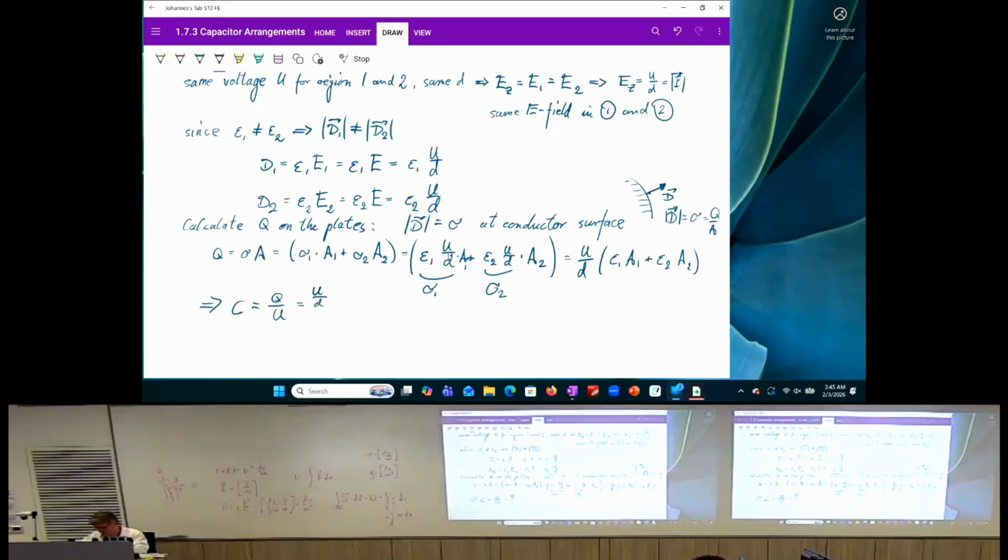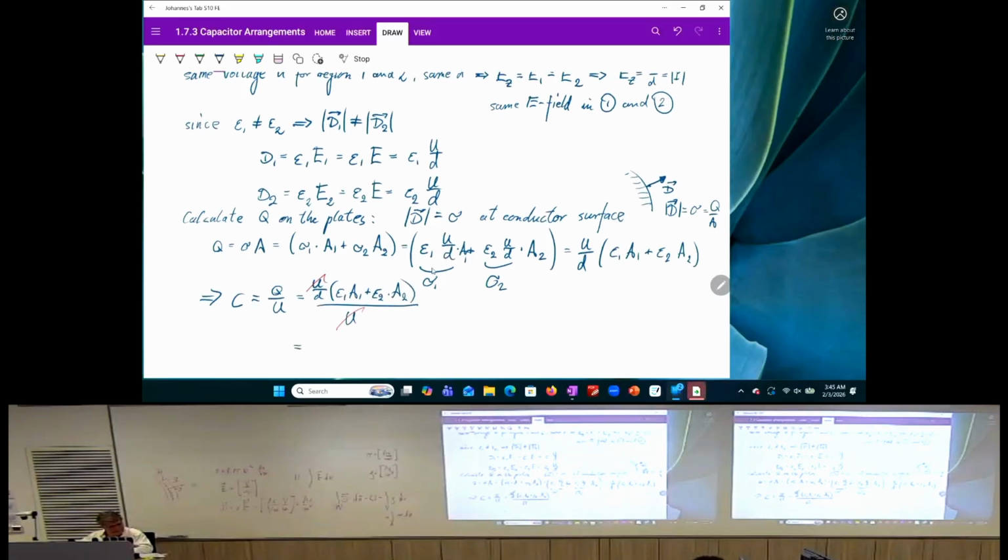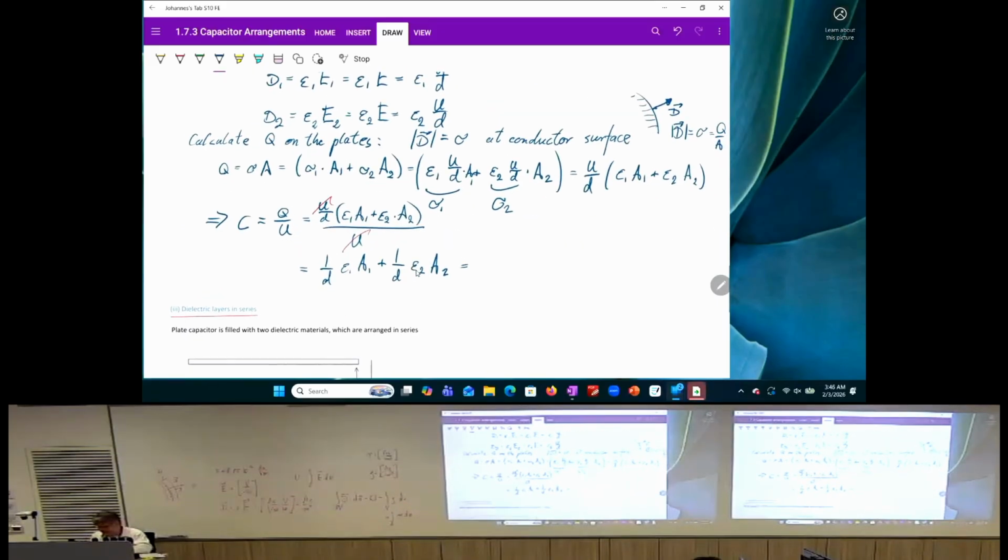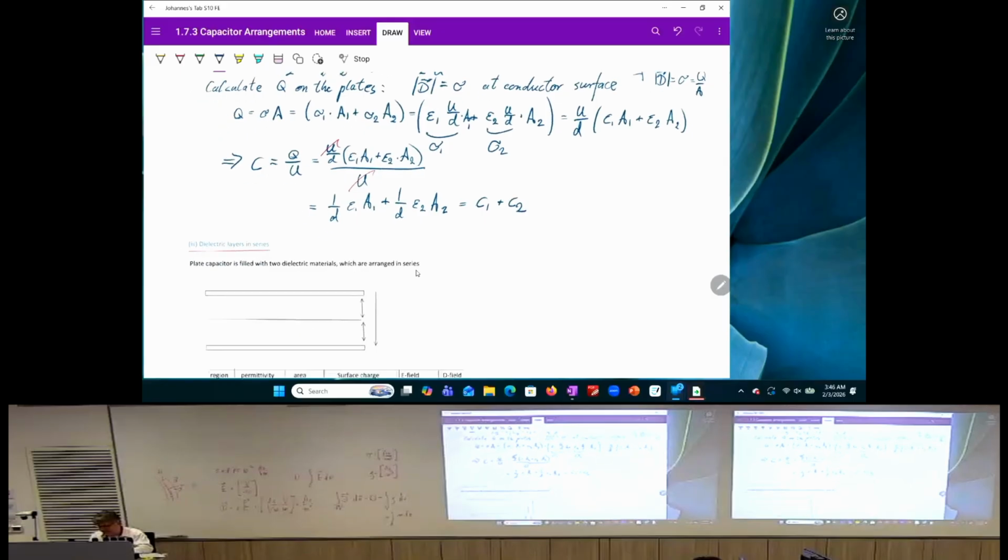The charge is U over D, epsilon 1 A1 plus epsilon 2 times A2, and we divide that by U. We take out the U again, and you basically see we can split this up again into a C1 and a C2, and that gives a justification.